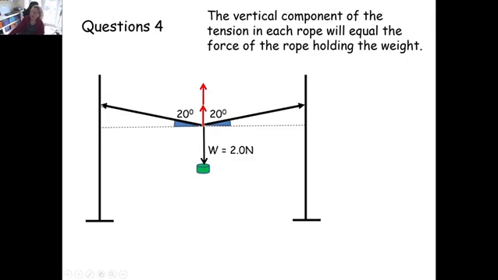So if you imagine you've got a rope here and you've got a weight hanging down, and this weight is 2 newtons, and you're told that the angle here and the angle here is 20 degrees each with that horizontal imaginary line. The thing to understand is that the weight is going to be balanced by a vertical component upwards, which is going to hold that object in place.